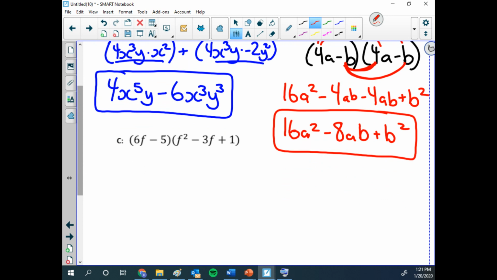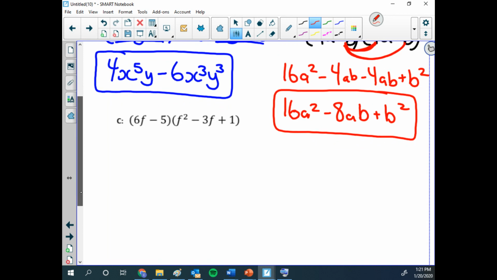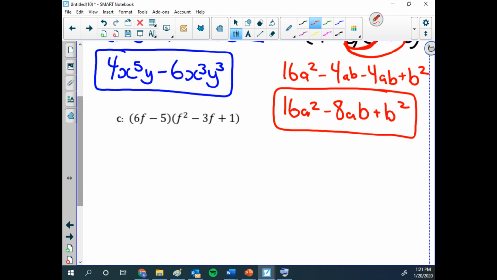C is now I'm taking a binomial and multiplying it by a trinomial. I can, again, either do distributive property or grid. So I'm just going to model how to multiply out using grid here. And so using a grid, what I would do is I take each of these and I put them on a side of my axes. So this would be 6f and a minus 5.